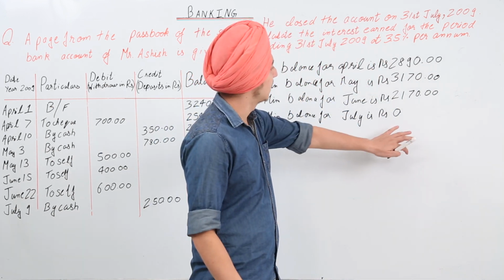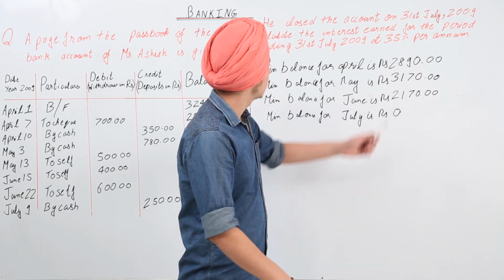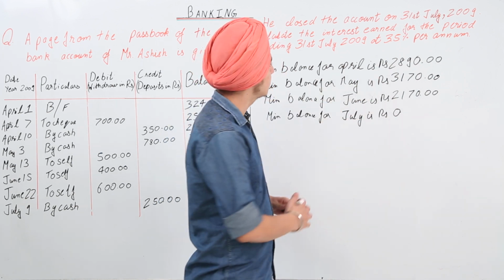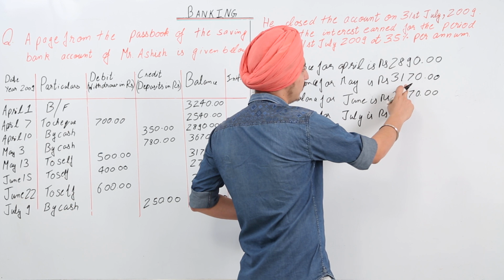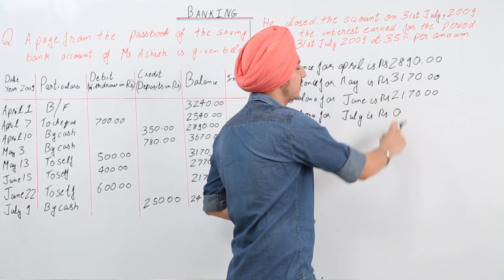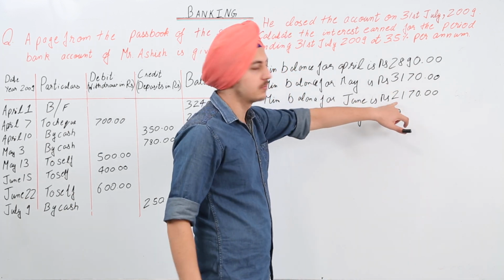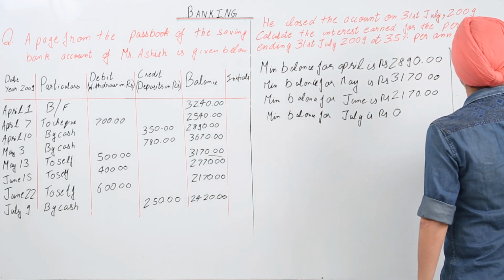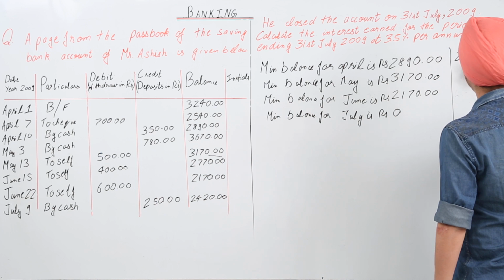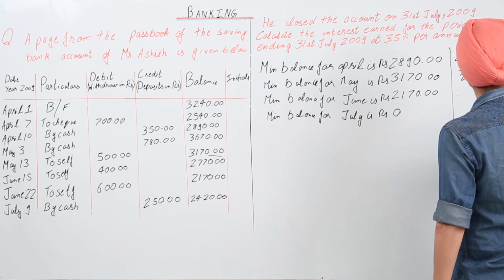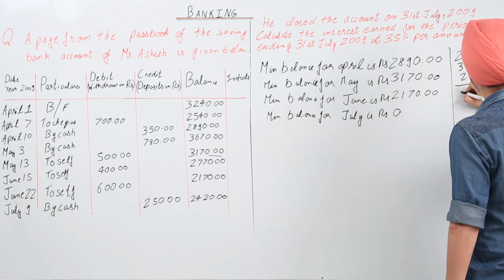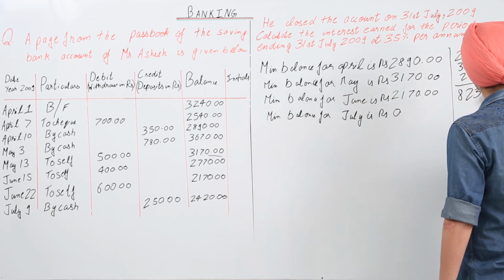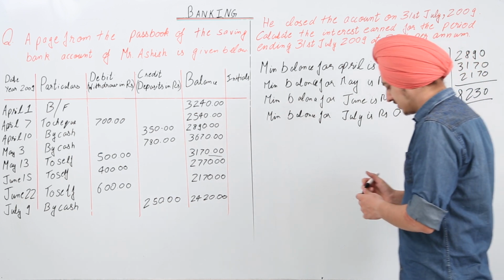So how much interest do we get? What is the amount on which the interest has to be calculated? That is the minimum balance of all these 4 months. So we have rupees 2890 plus rupees 3170 plus rupees 2170. In the rough, if we calculate, this amount comes out to be equal to rupees 8230.